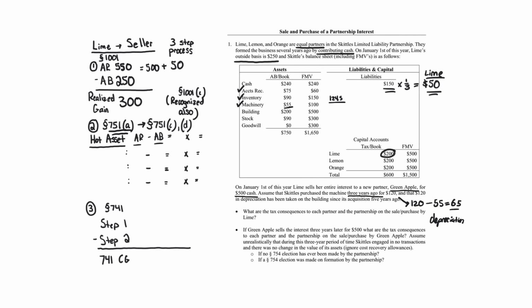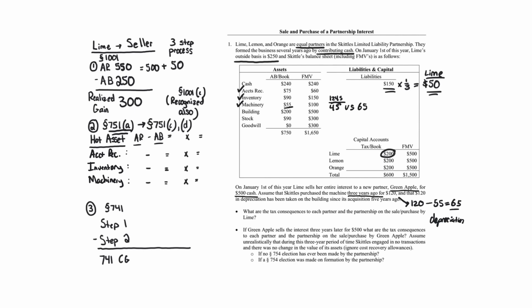So the hot assets, first, we've got the accounts receivable. Second, the inventory. And third, we've got the machinery. And again, because the entire portion of potential gain, if the partnership was to sell it, you take the lesser of those two. That's the hot asset portion. 45 versus 65.